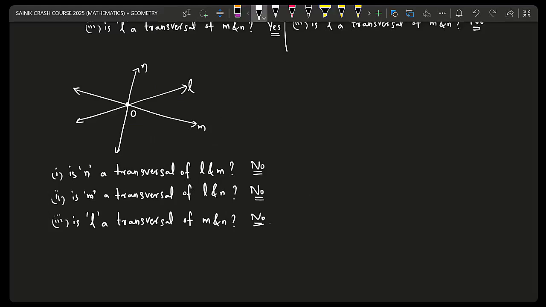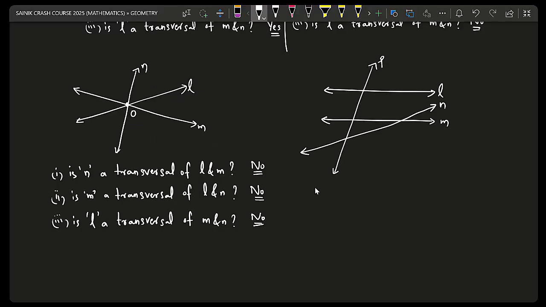I'm going to give one more question now, using the figure. The next figure will be like this. Now I'm going to take more lines. There is line L, this is M, this is N, and this is P. You need to answer a few questions. First: is L a transversal of P and N?